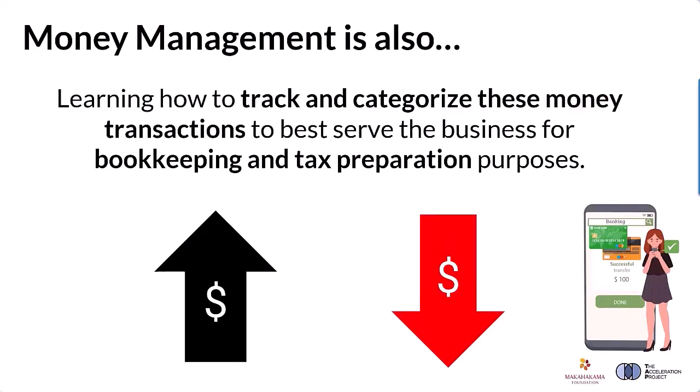When you're learning how to track and categorize these money transactions, it's going to serve your bookkeeping and tax preparation purposes, build your tax-ready books, and most importantly, begin to help you build better money management habits, because you'll know what you're going to consider and categorize as money in and money out.